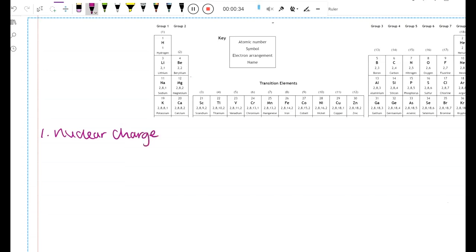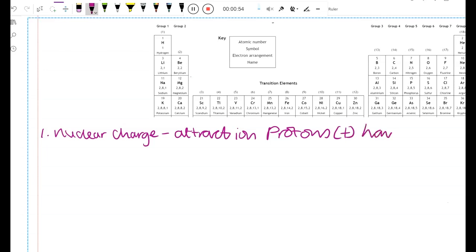Okay, and that's essentially the attraction that the positive protons have for the negative electrons in the atom.